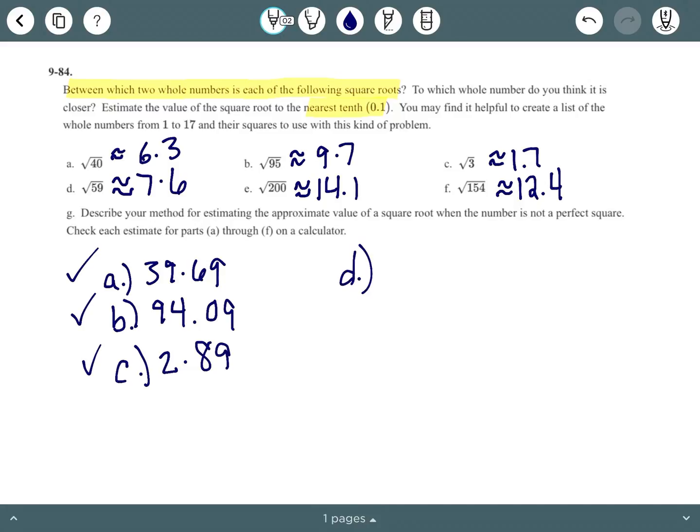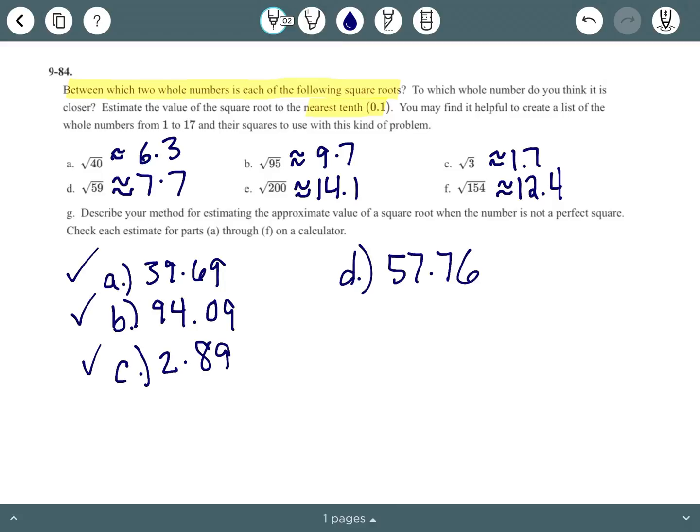D, we have 7.6. So to check this, we're going to put 7.6 squared into the calculator, and we get 57.76. I'm wondering if we can get a little bit closer with this one. So I want to try 7.7.